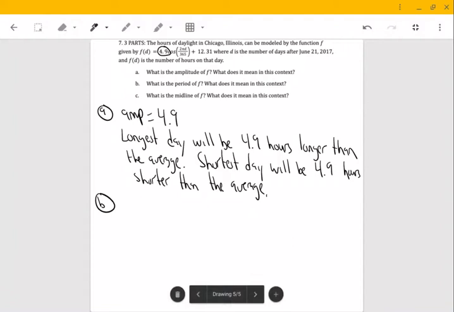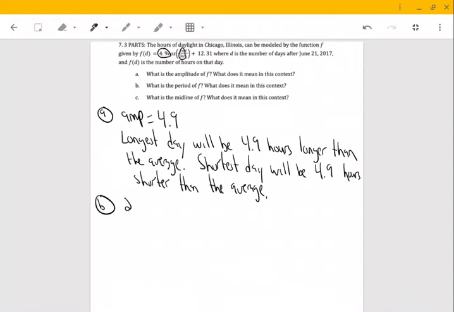The period, remember, we have to use this value right here. We have to use that b value to find the period. So the formula for period, we've learned, is 2 pi divided by b.